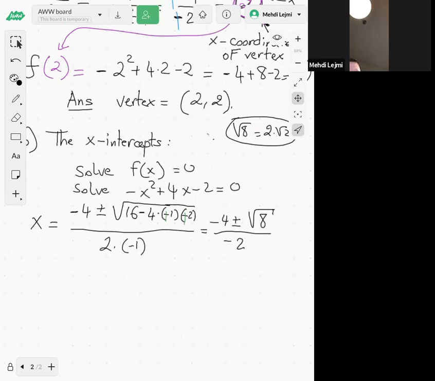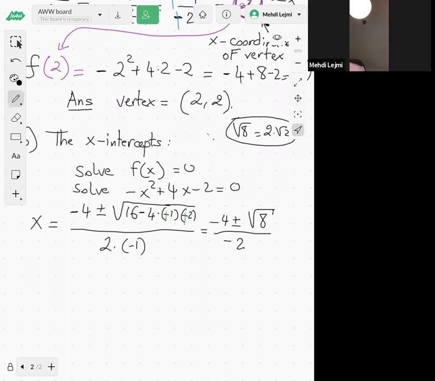Of course, in the test, I'm going to make sure that you get a perfect square, a whole number. Yes, you can leave the answer like that.